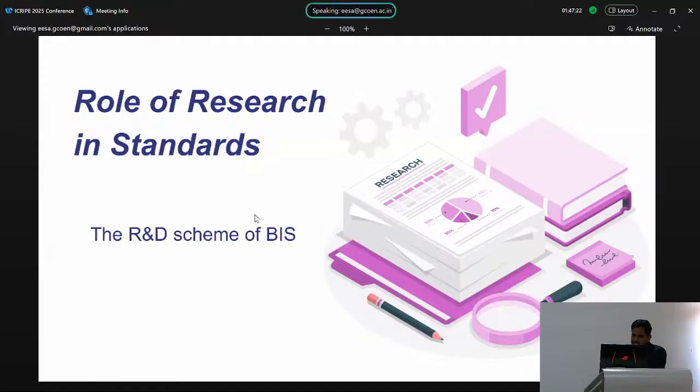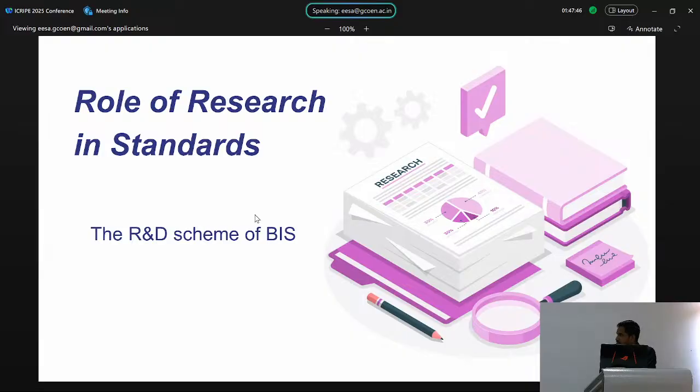Role of research in standards. Earlier, what we used to do is formulate standards by taking comments and suggestions from our stakeholders. Most of the stakeholders were only the manufacturing industry, because they are the manufacturers of that product. So the comments would be received from industries.